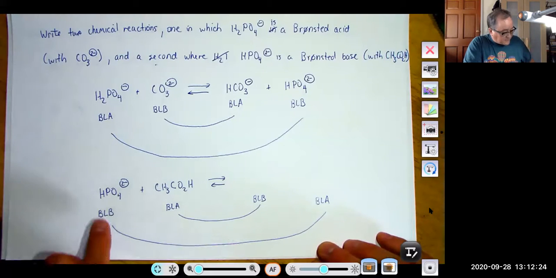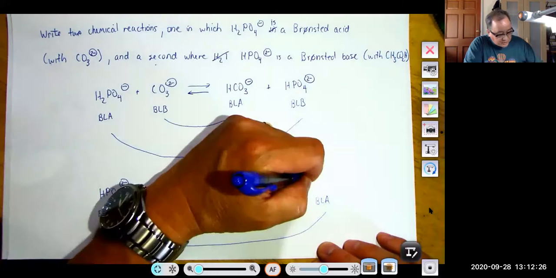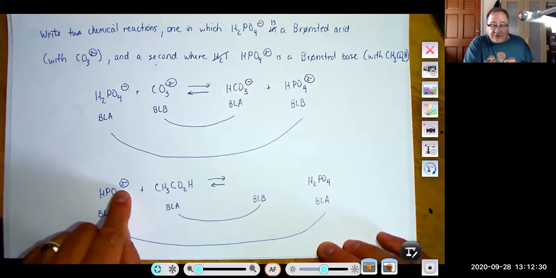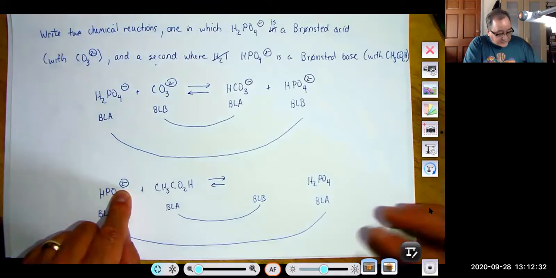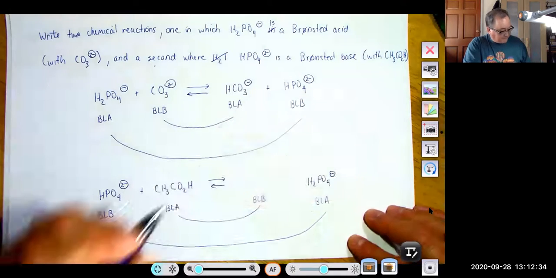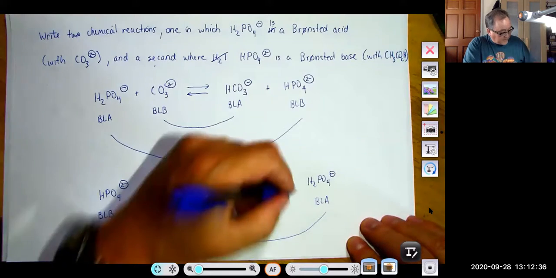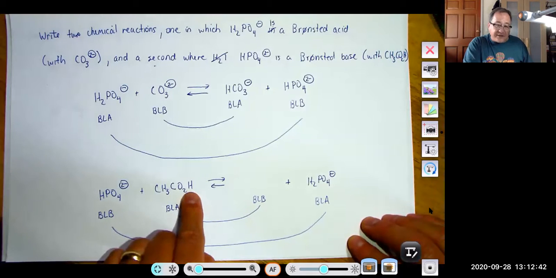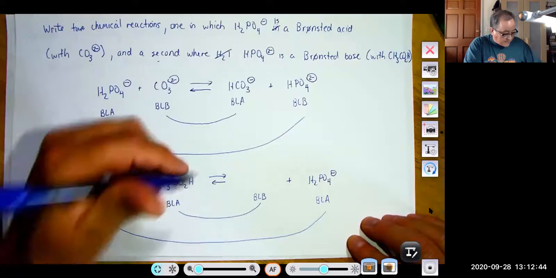So I'm going to add an H+ to this and get H2PO4. -2 and a +1 changes that to -1. And here, for the acid, I need to take away a hydrogen. Do I take away this one or one of these three? And the answer is I take that one away.